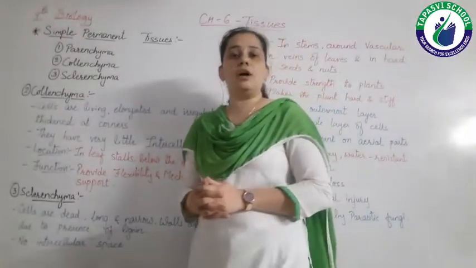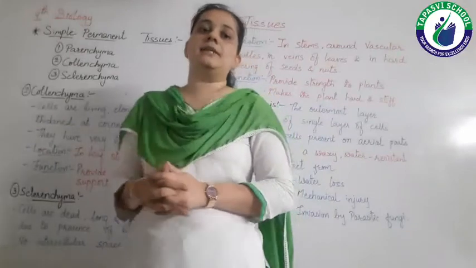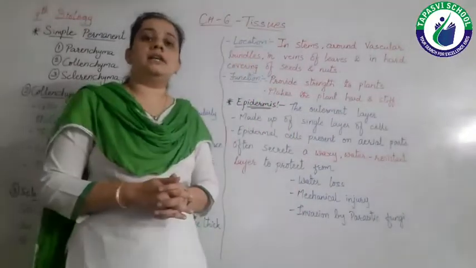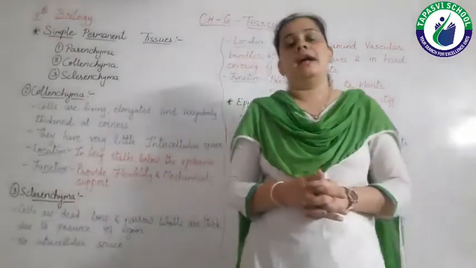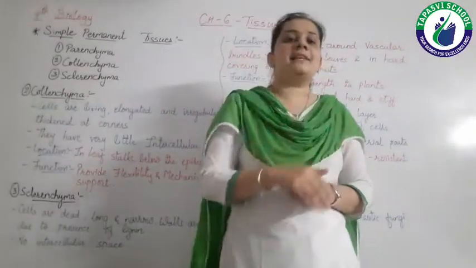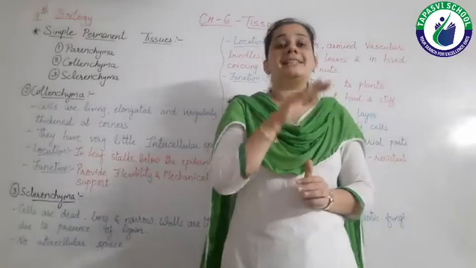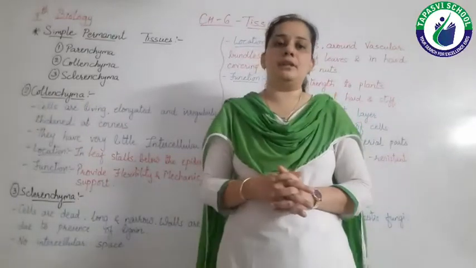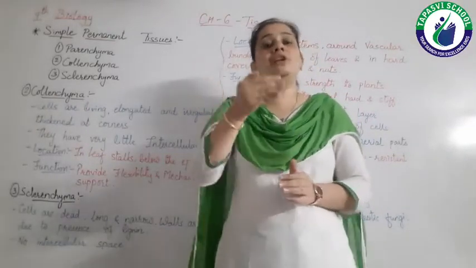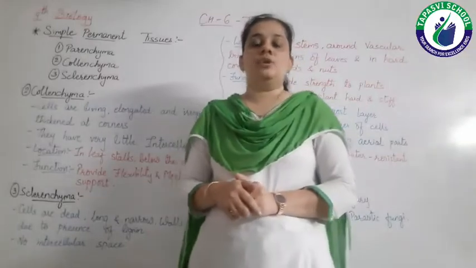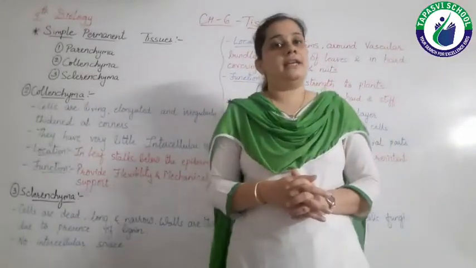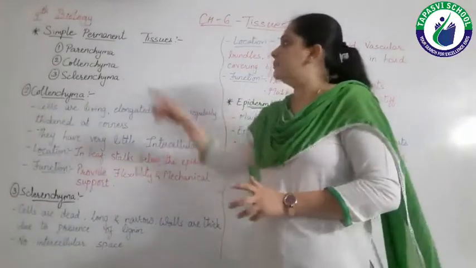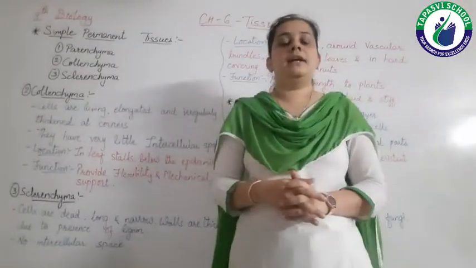So let's recall, parenchyma is nothing but the tissue, okay, which is generally found at the next layer of epidermis, or we can say below the epidermis, okay. The cells of this tissue are living. They are living cells in the parenchyma, right?